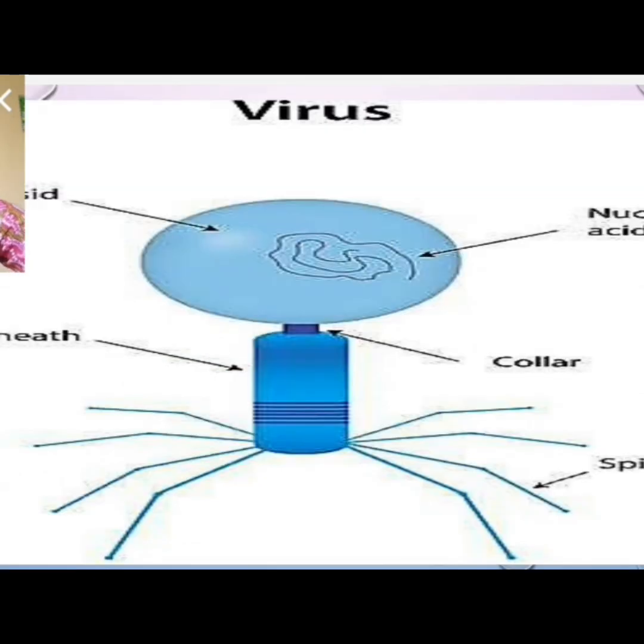The sheath is the part of the virus that serves as the body. This is like the body that covers other organelles of the structure of the virus. It serves as a means of protection. Then the collar is just like the connection between the main part of the nucleus and the sheath or the body of the virus. Then it has spikes, as you can see here.